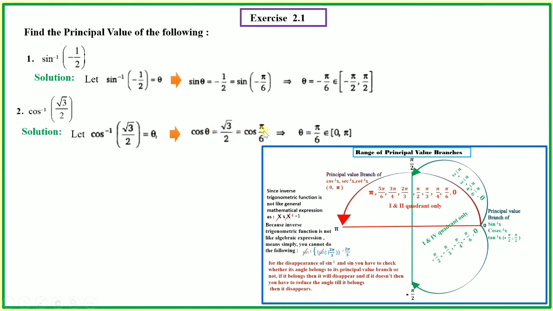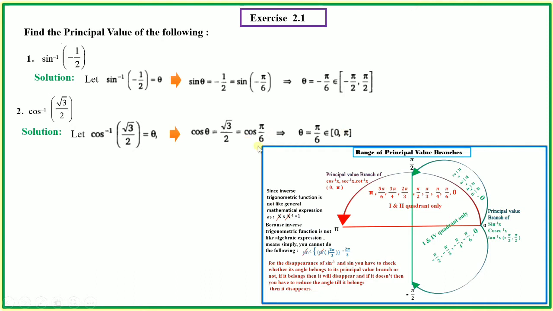When this angle belongs to this particular range, then we can remove the trigonometric letters and directly have the angle theta equal to pi by 6, as theta belongs to 0 to pi.